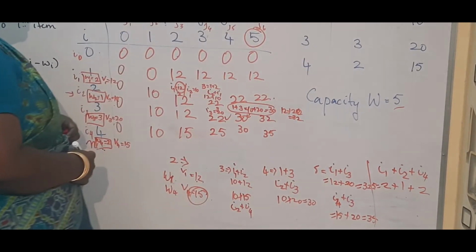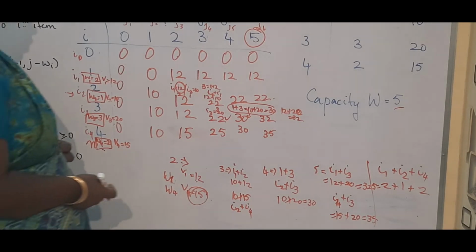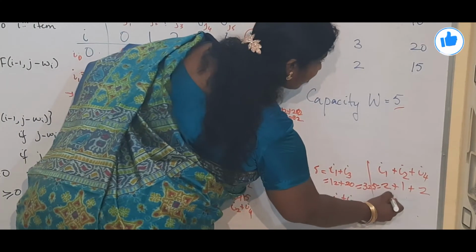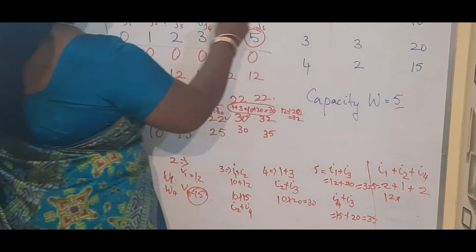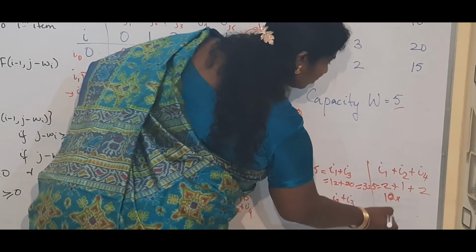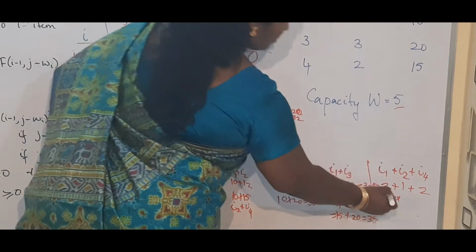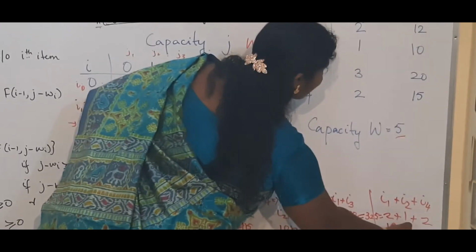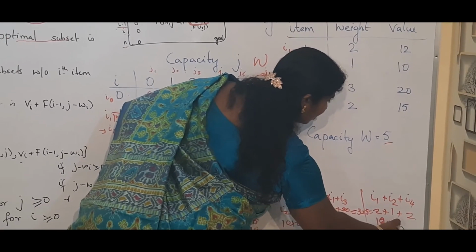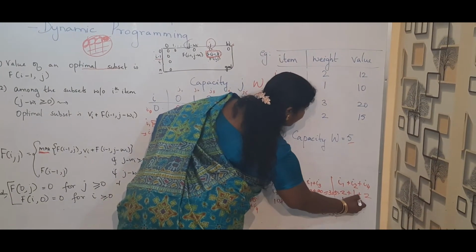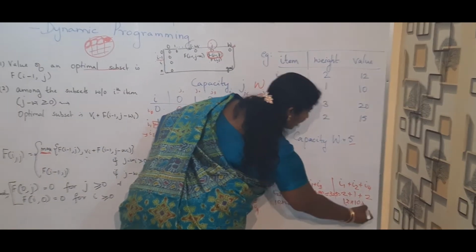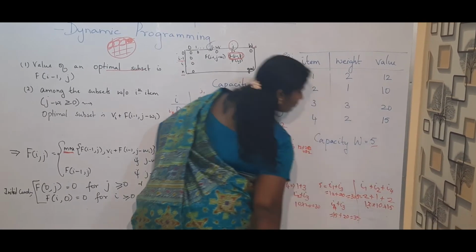So we'll just add up the weight and see what could be the cost. I have 10 for item 2, and item number 4 is going to be 15.